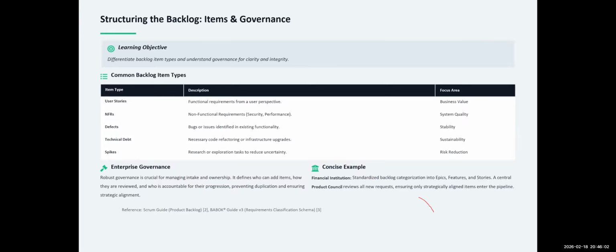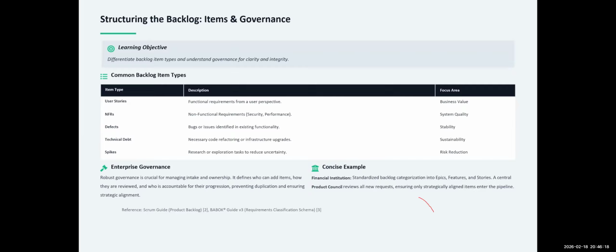So basically, if you look into a backlog, for those who like Excel, you can use Excel to do a backlog, right?